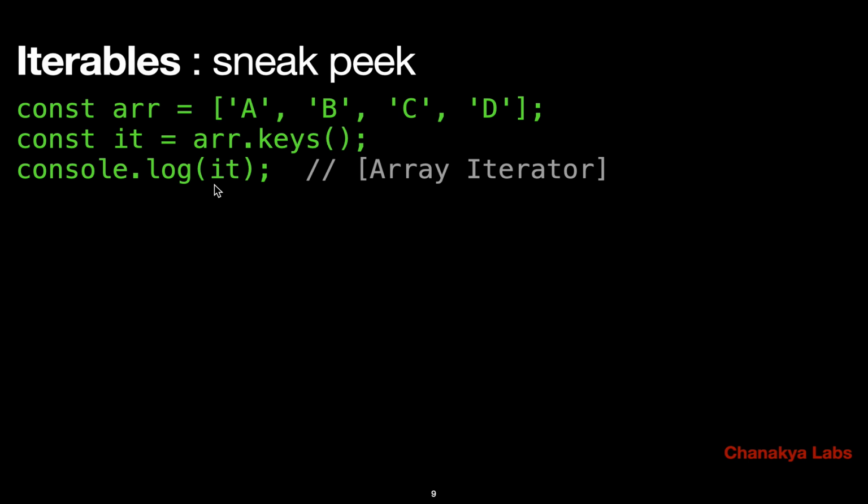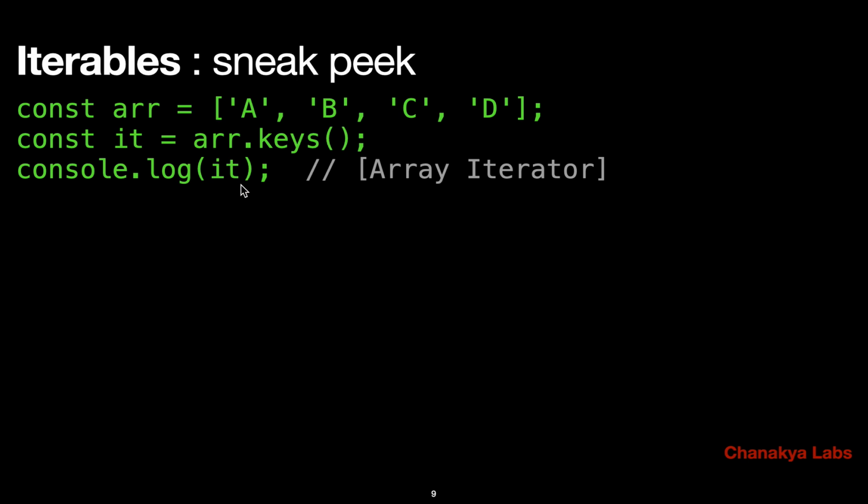Now, something about iterables that I was mentioning. I'll give you a brief idea of what iterables are. Iterables, as we mentioned earlier, are not arrays, but they are a continuous stream of values, where you can ask what is the first value, what is the second value, what is the third value.